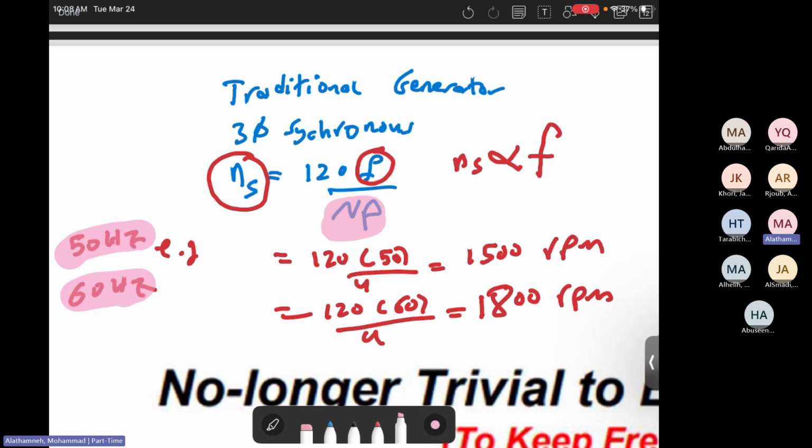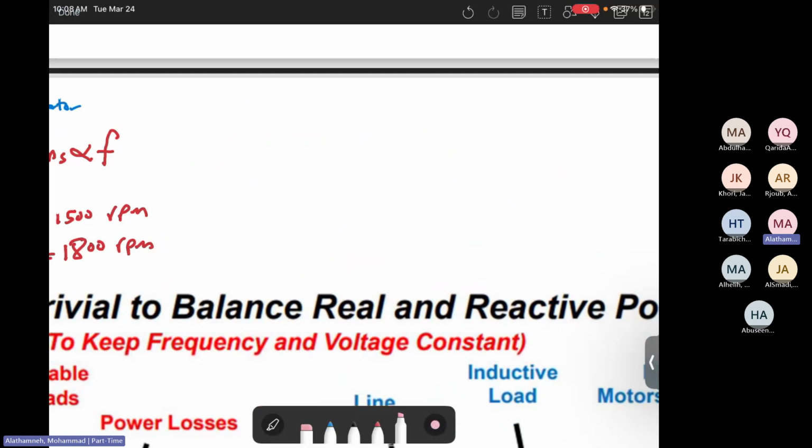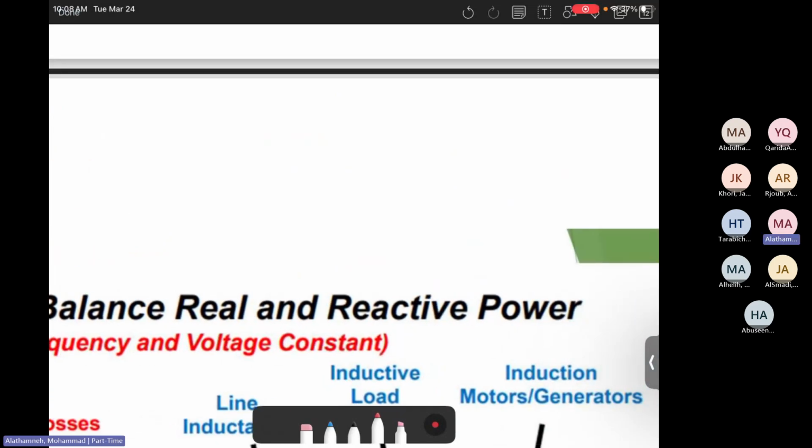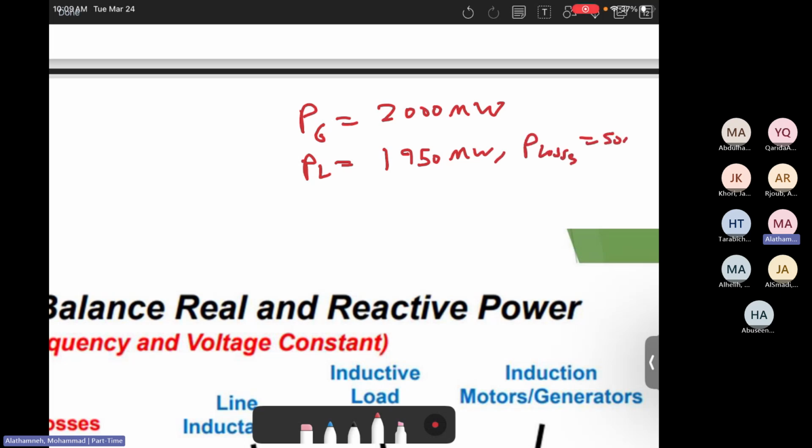Now, the other thing that I want to mention, let's assume this scenario. Assume the power generation for a certain generator is 2,000 megawatts. To get the power balance, assume the load is 1950 megawatts and the loss is 50 megawatts.